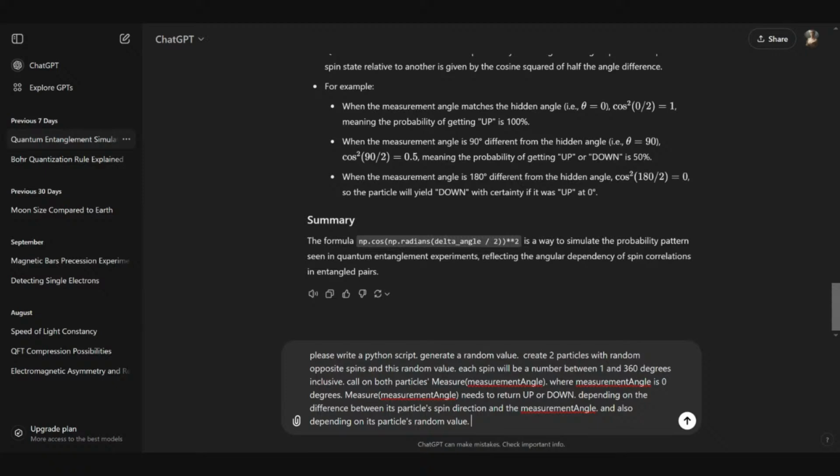But the random value should be weighted more lightly as the angle is smaller, or more heavily as the angle is bigger, up to 50%. I mean, the most is 50%. That's the most random. You cannot have more random than 50%, I guess.